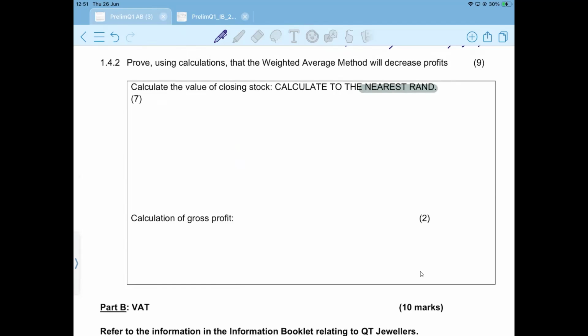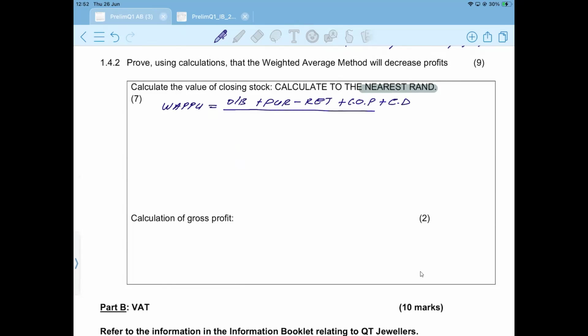And to calculate the value of your closing stock, you first need the weighted average price per unit, which you will get by taking the value of your opening balance, you add the value of your purchases, you minus the value of your returns, you add carriage on purchases, you add custom duties, which are import taxes as well.